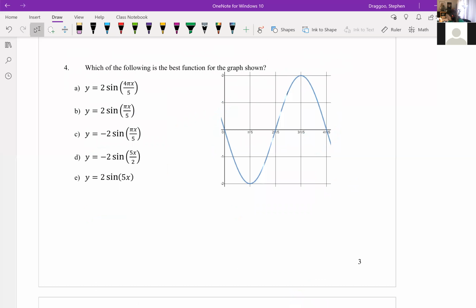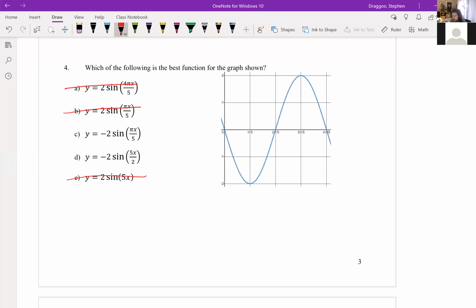All right, which of the following is the best function for the graph shown? Well, we're looking at a graph of negative sine, which means right away we can get rid of all of those options because A should be negative. So now we have to decide what our value of B should be.